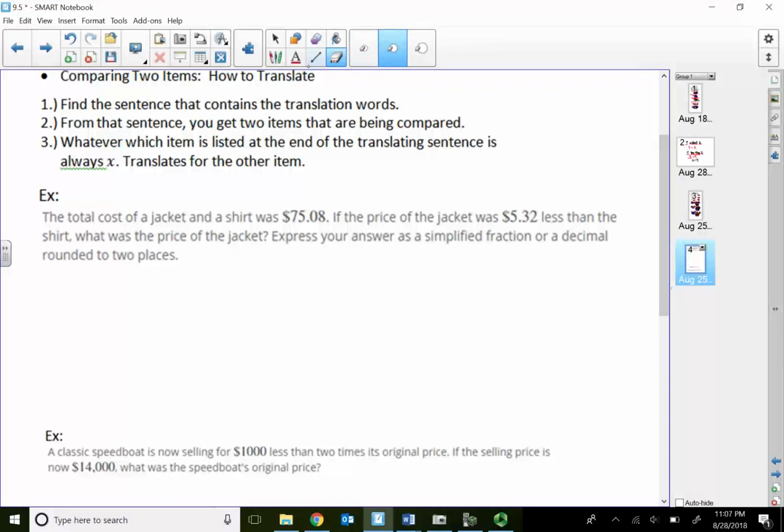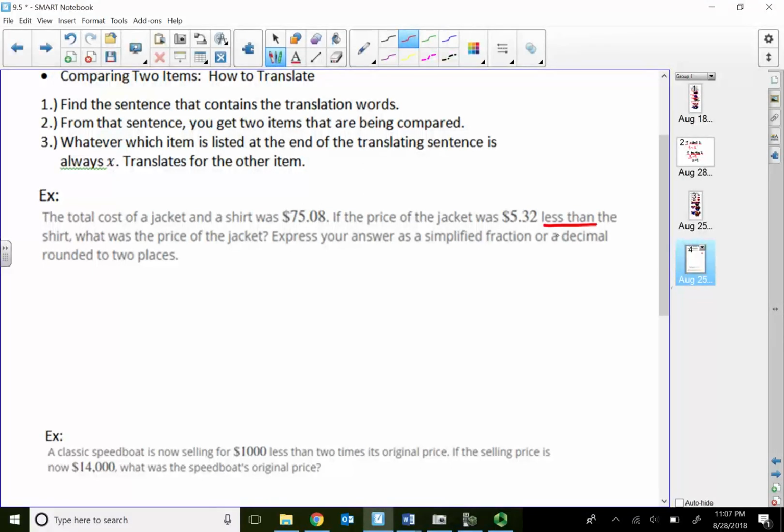So let's read the first sentence. The total cost of a jacket and a shirt was $75.08. So in this phrase, does it have words like more than or less than or times? No. All right, so let's move on. If the price of the jacket was $5.32, oh, less than, right there.